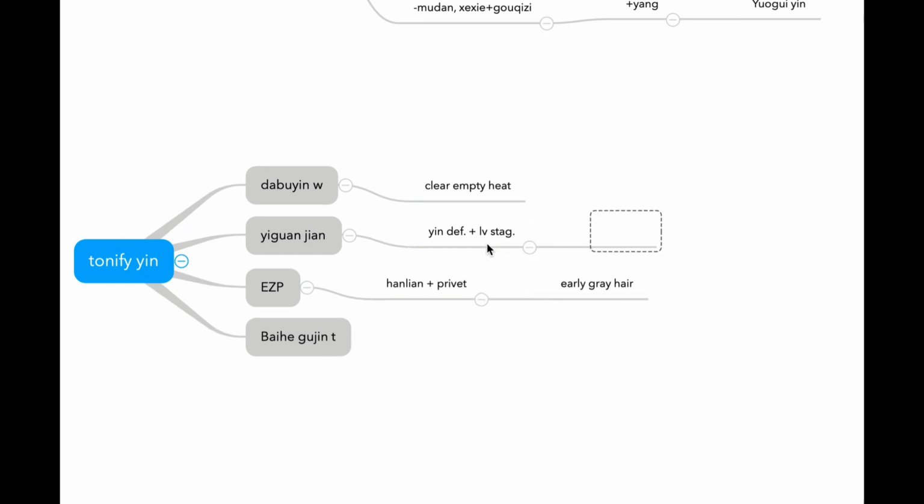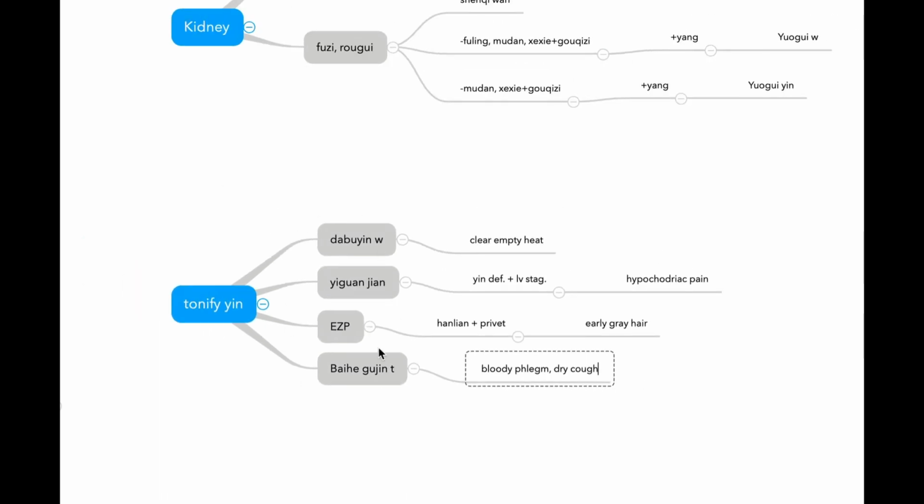This one, hypochondriac pain. Da Bu Yin Wan and Zhibai are almost identical. Baihe Gujin Tang: bloody phlegm and dry cough. So those are all yin tonifiers.